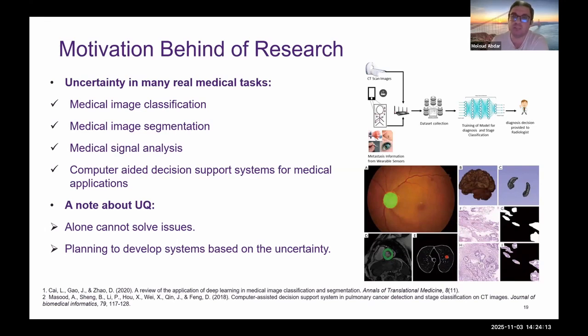We should not expect that having one uncertainty quantification can solve everything. If we plan to develop a system based on uncertainty, we should have the uncertainty integrated into the final model, so it is an addition to a model which can make the predictions more reliable.